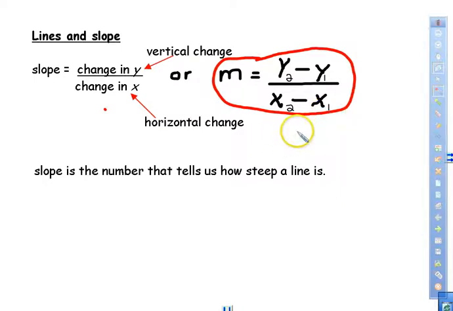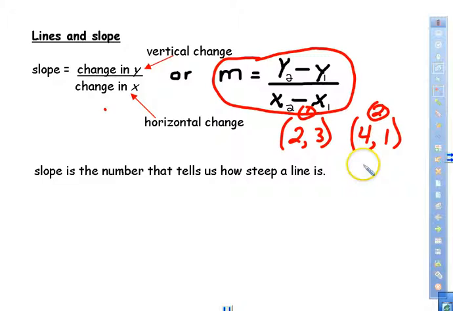So when we talk about, let's say, (2, 3) and (4, 1), this is my second set, this is my first set. So this would be x2 and y2.